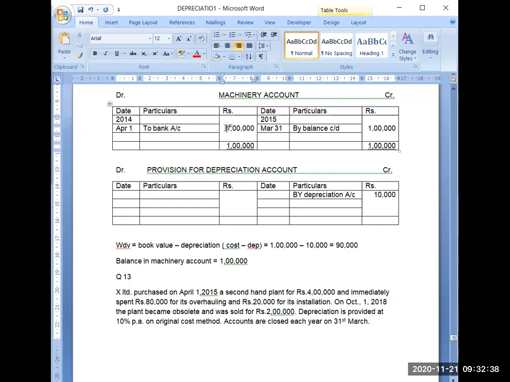This is the point I want to make clear: written down value will be invisible in this second method. We have to calculate that written down value. Is this point clear?